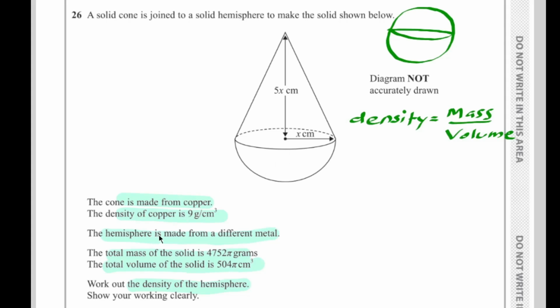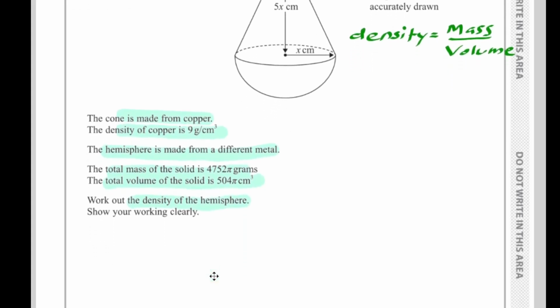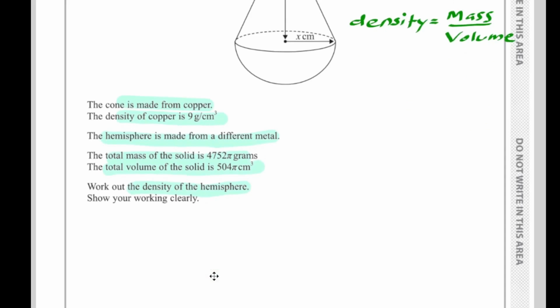Let's try to get the volume of the cone first. Then only I can get the mass of the cone. To get the volume of the cone, the total volume of the solid is given. To find out x. Without getting x, I can't get the volume of the cone. I can't get the volume of the hemisphere. Therefore, I need to find what x is.